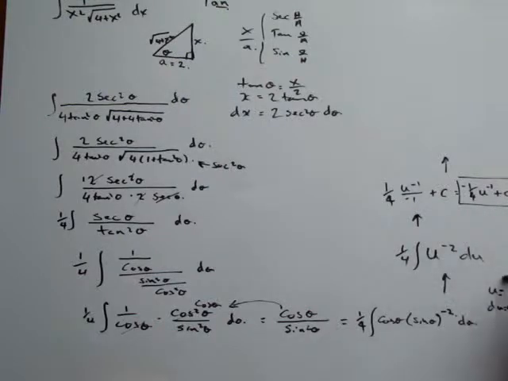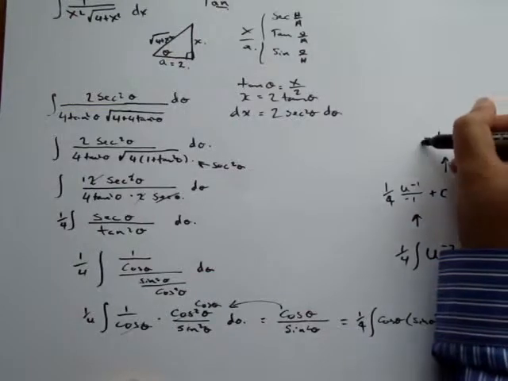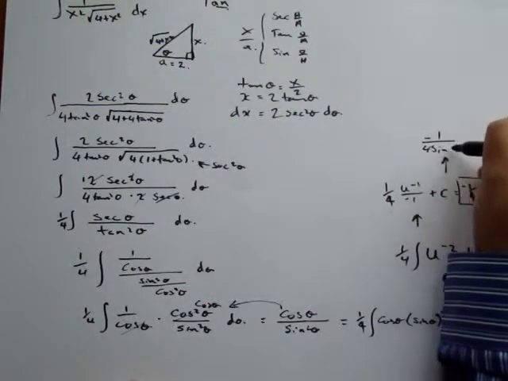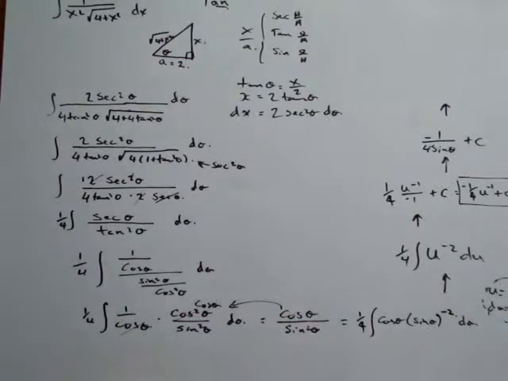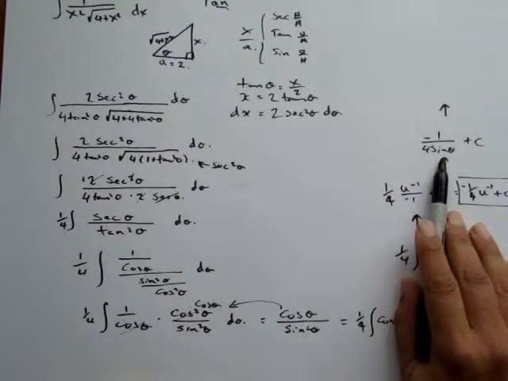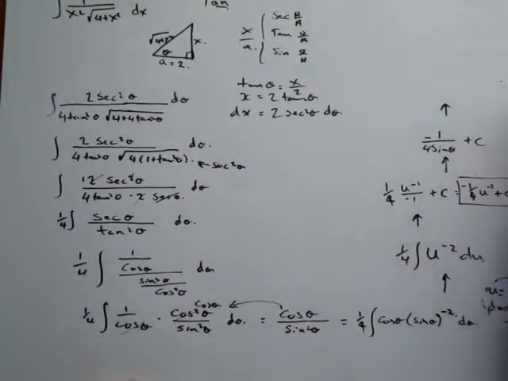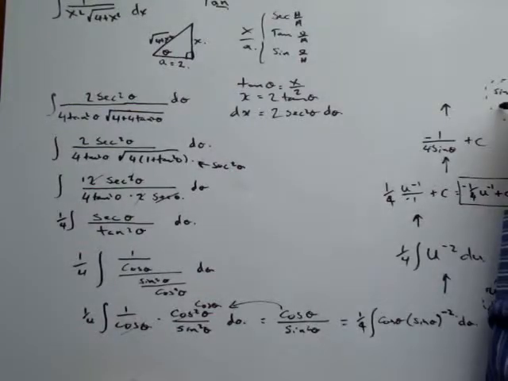From this u substitution, replacing the u, we get minus 1 over 4 sine theta plus c, and then using our triangle here to replace the sine theta with the x, we get, let's do a little aside, sine theta equals opposite over hypotenuse, which is x over the square root of 4 plus x squared.